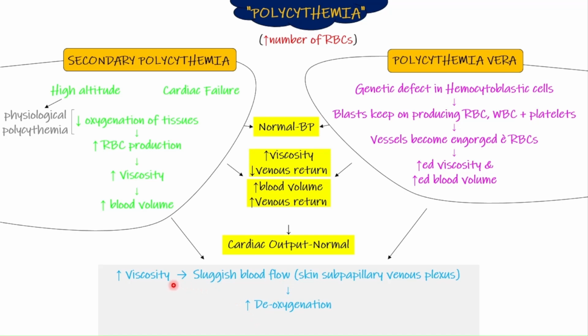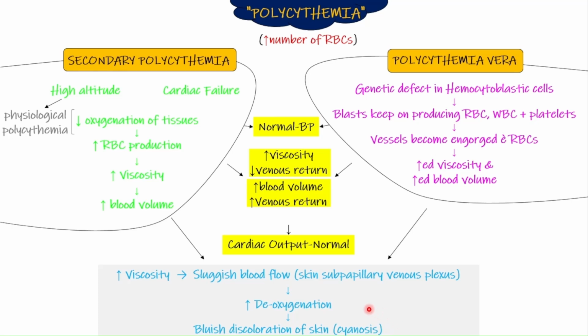So because of this increased viscosity and sluggish blood flow in polycythemia, there will be increased deoxygenation of hemoglobin, especially in the skin subpapillary venous plexus. And you know, whenever the hemoglobin is deoxygenated, it will give a bluish discoloration, which is known as cyanosis. Therefore, because of increased deoxygenation, bluish discoloration of skin will appear, which is known as cyanosis of the skin.